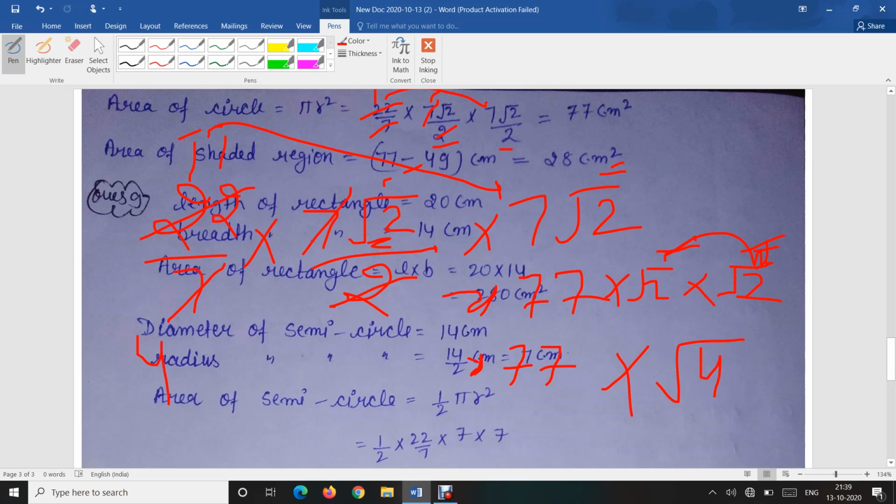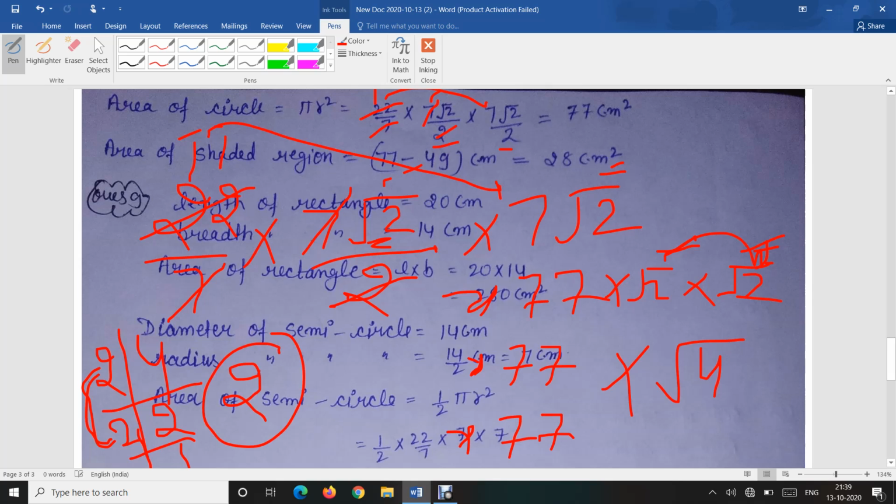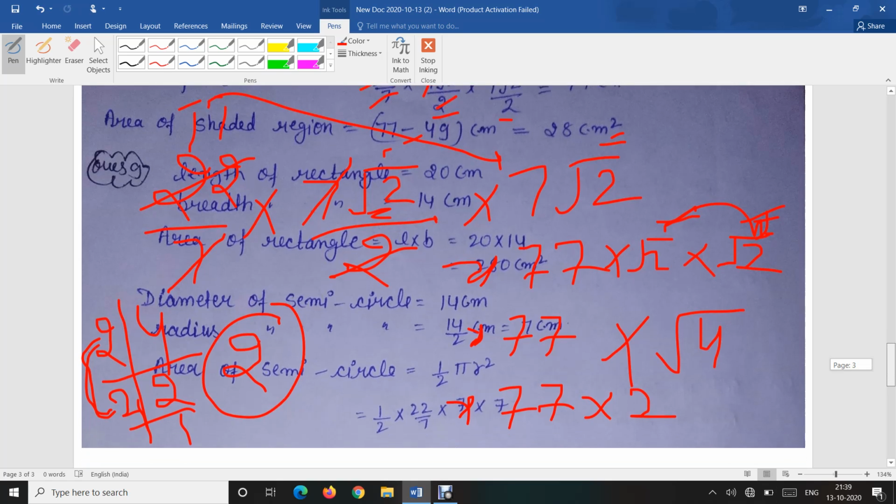Now we know that the square root of 4 is 2, 2s are 4 and 2 1s are 2. This 2 and this 2 are making the pairs, so we can write these two 2s only once because these are making the pairs. So we can write 77 multiplied by 2 at the place of root 4.